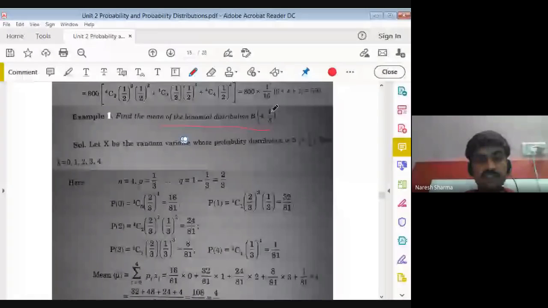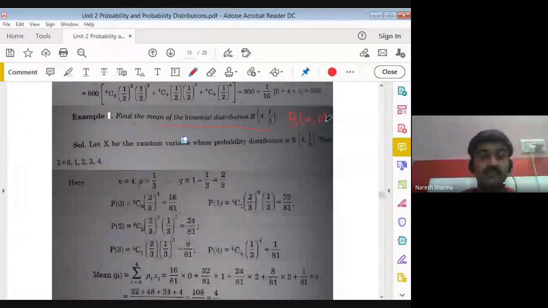The binomial distribution is represented by n and p. Here n is the maximum value of the random variable, which is 4, and the probability of success is 1 by 3.